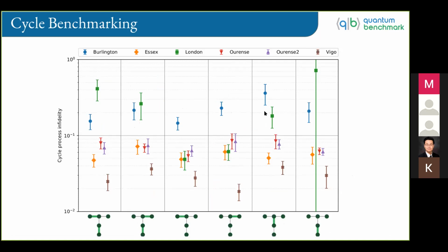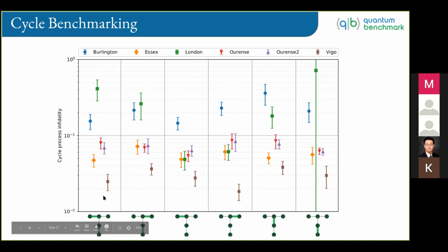And so there's a question on the second slide about what the error bars on the process infidelity were. So here are the process infidelities from that plot, where they're organized a little bit differently. Again, we have 5 IBM Q devices, and we have 6 possible different cycles on them. Because of the topology, we can actually enumerate all 6 possible cycles.